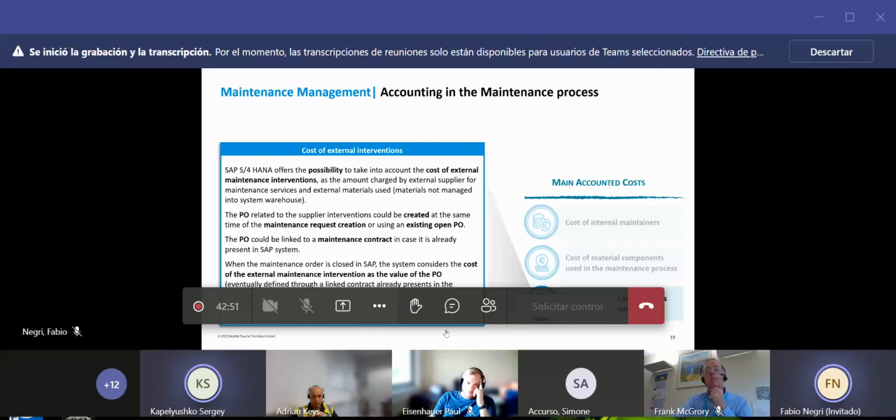Is this just a normal maintenance request done to a supplier, or is there a separate flow for this kind of incident? I don't know if I was clear.